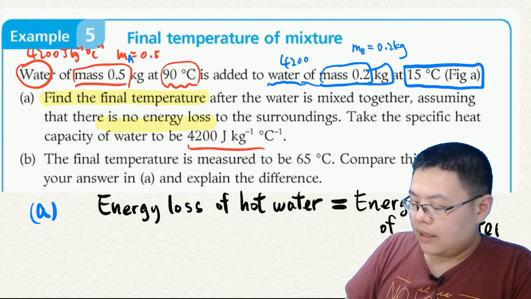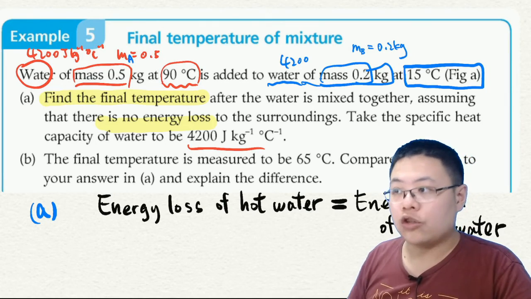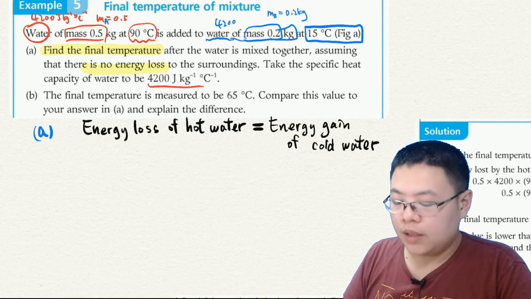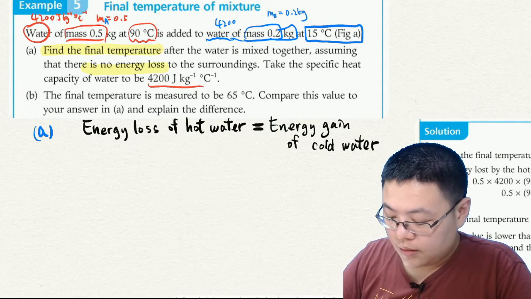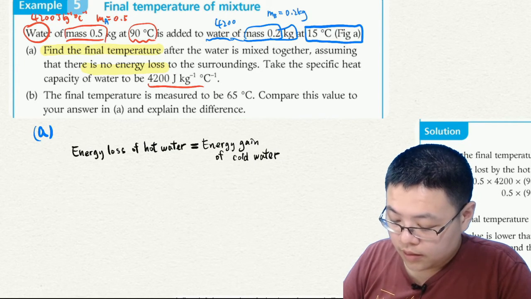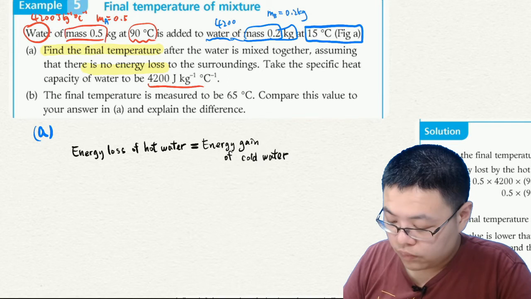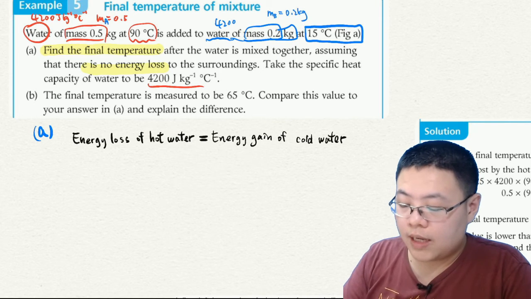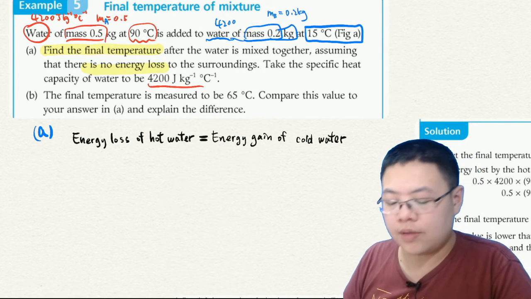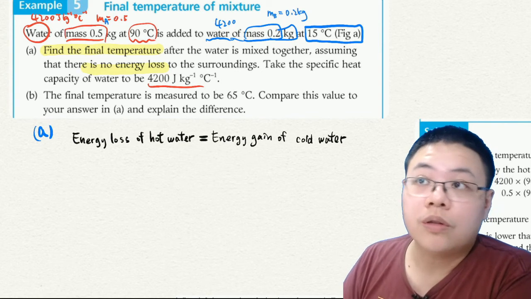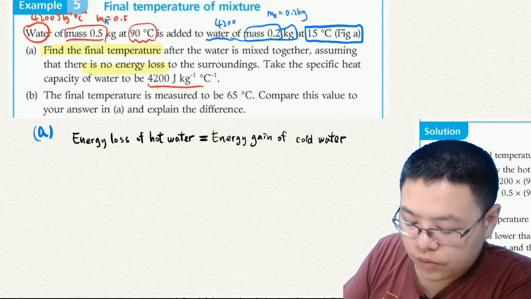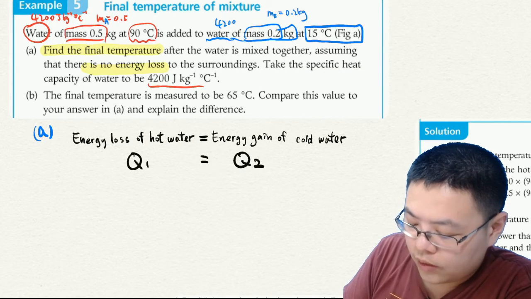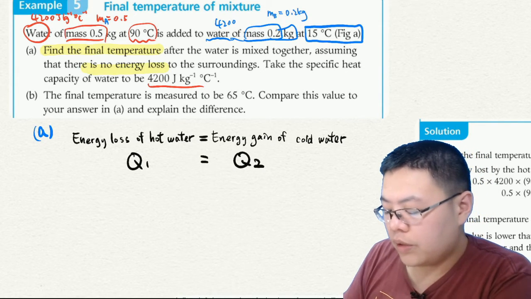That is because of the conservation of energy, assuming there is no heat loss. Since we have learned Q equals mc delta T, we know the energy loss of the hotter body, let's name it Q1, and Q2 is the energy gain.